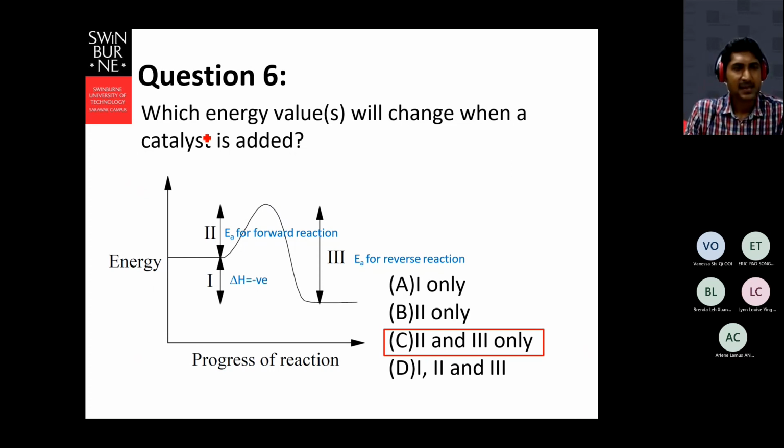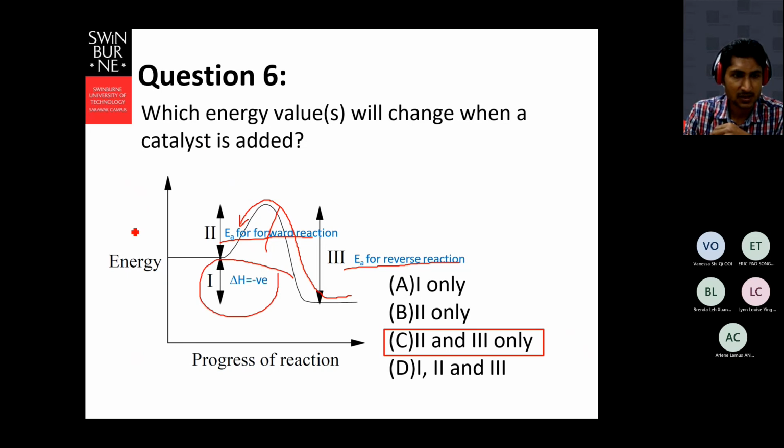Question number 6 says, which energy values will change when a catalyst is added? All right, only C, 2 and 3. If we use the catalyst, only the activation energy will change, and the reverse reaction energy, when the product goes back to form the reactant, will also change, but the enthalpy will not change.